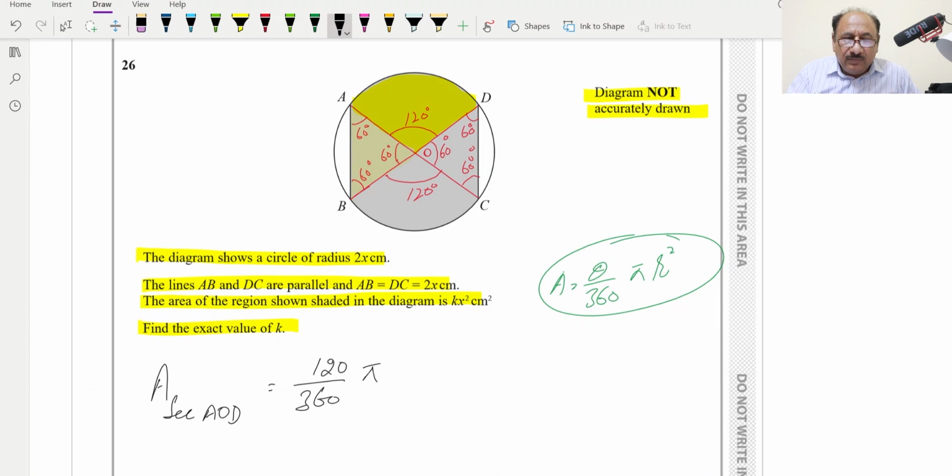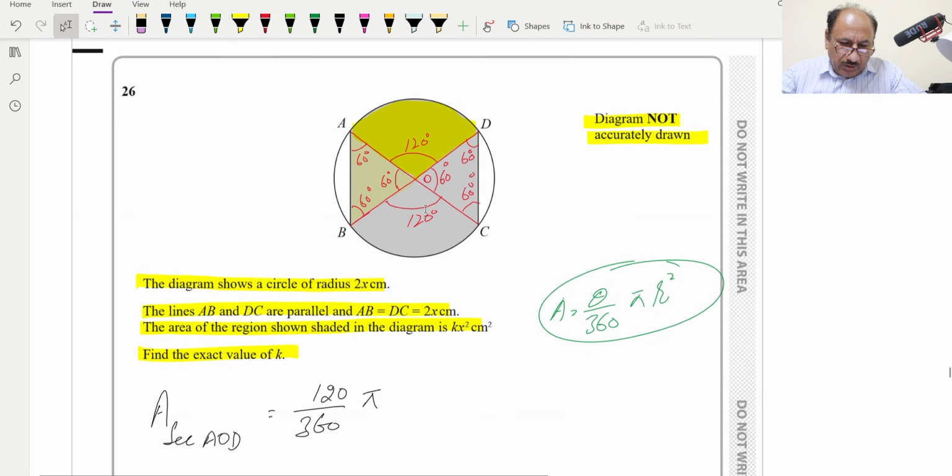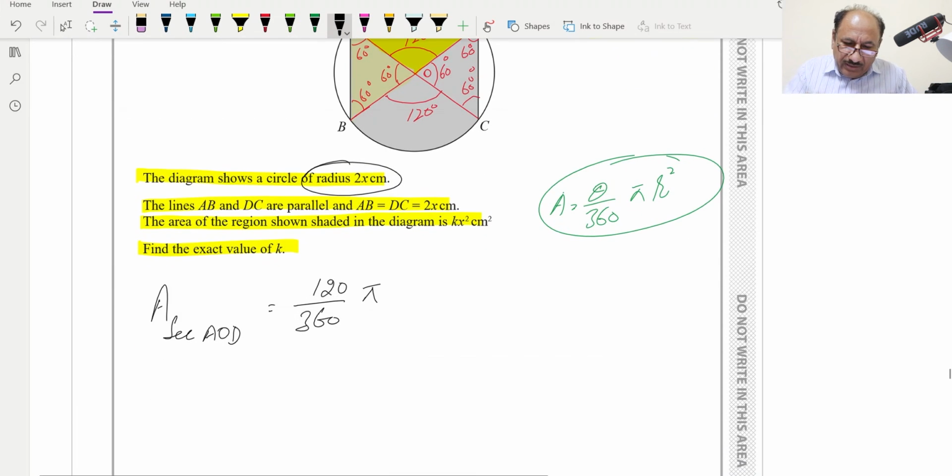R is basically the radius, which is given as 2x here. The circle has radius 2x, so we write 2x squared, and this will be equal to what? We can cancel this by 3, and this will be 4x squared, so we can write 4 pi x squared over 3.